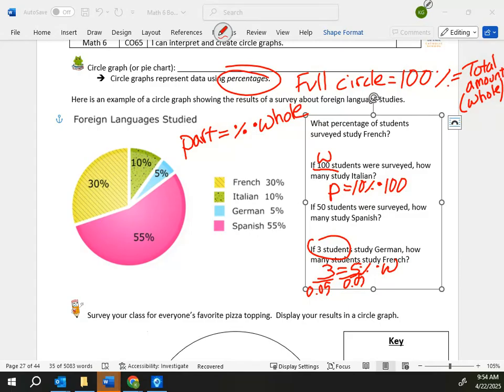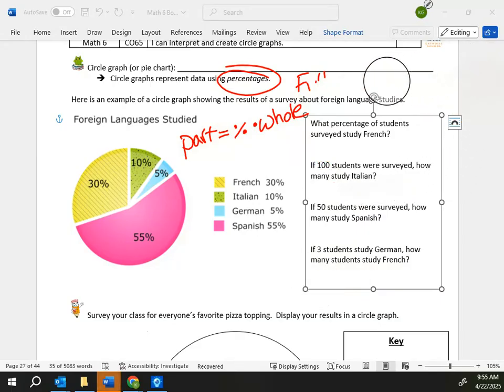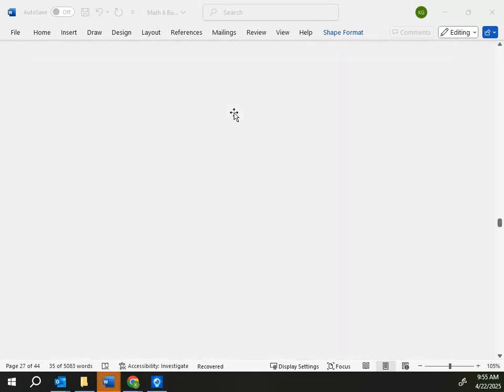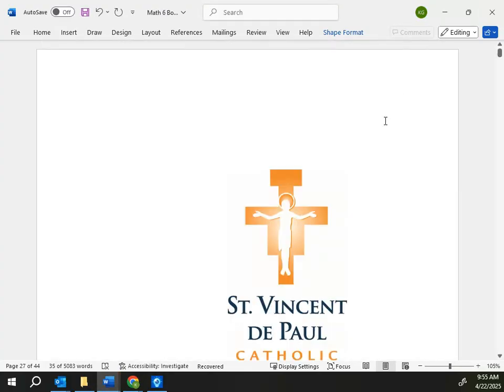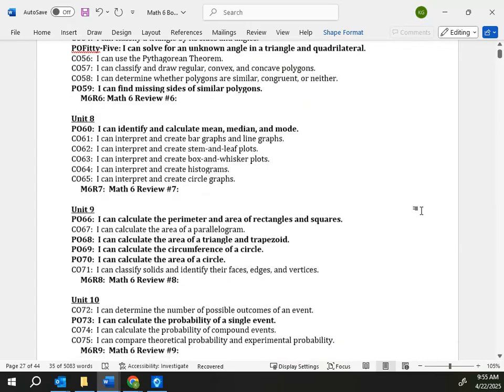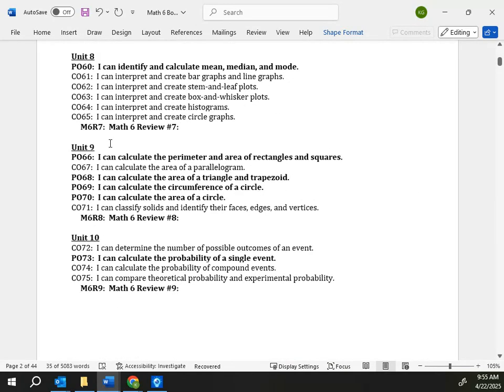Any questions on that? Is it making sense? Okay. So those are the objectives that we are being tested on, but remember, we always have the review questions. If we look at the front of our binder, we can see Unit 8.